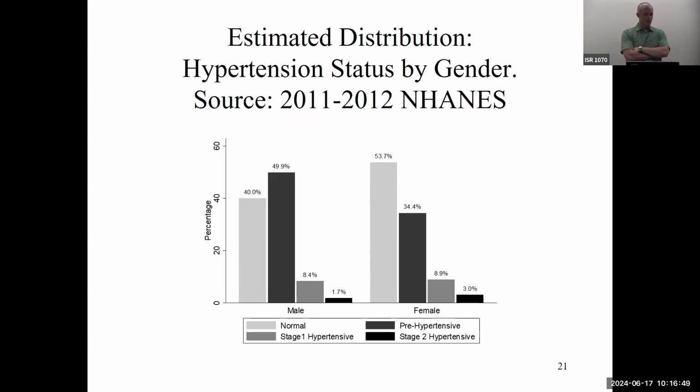Given that these are weighted population estimates, there's some visual evidence here that males and females do in fact have different distributions on this blood pressure status variable in the US. So that's one way you could show these kinds of bivariate associations. There are certainly others. But the key here is that this is an estimated distribution based on the use of weights to create that clustered bar chart.